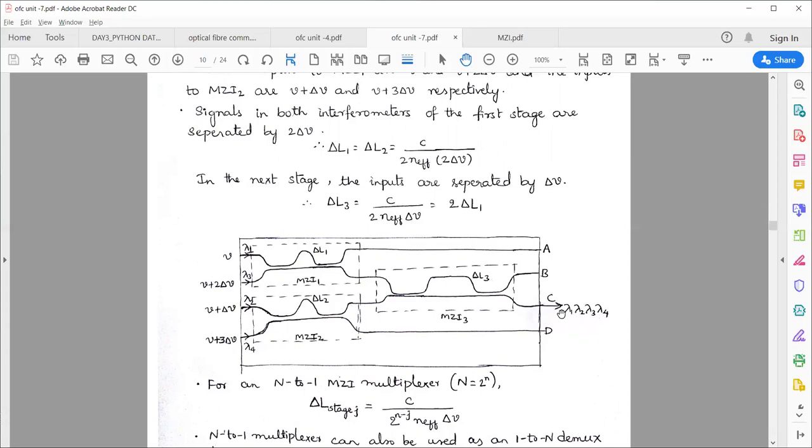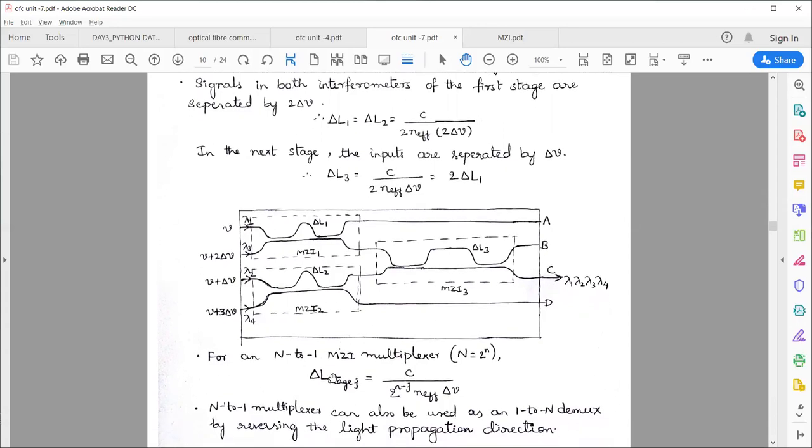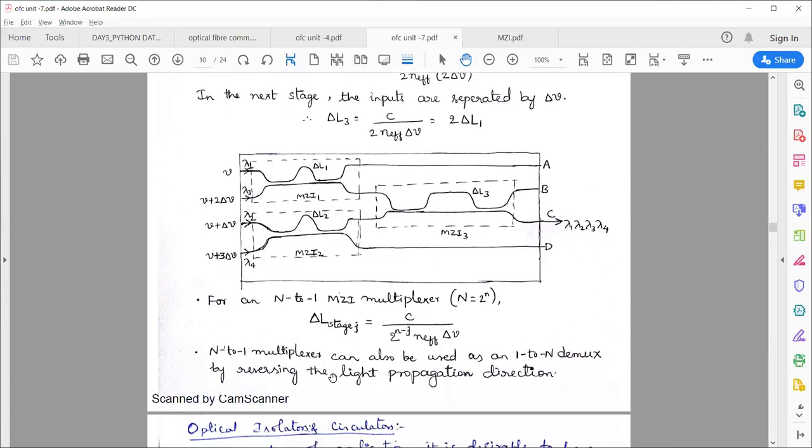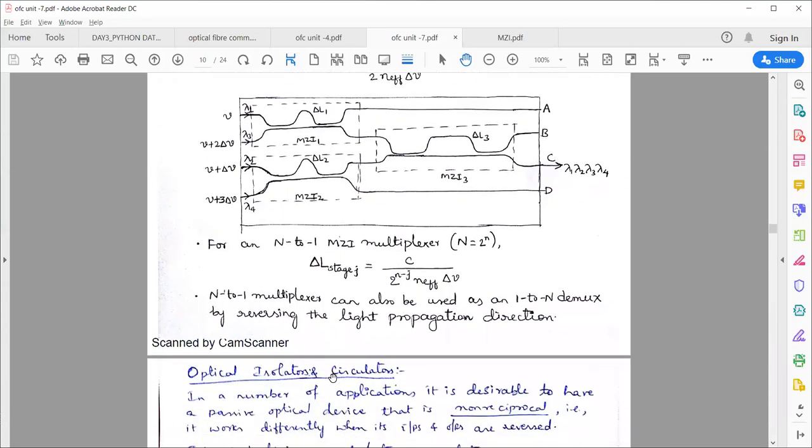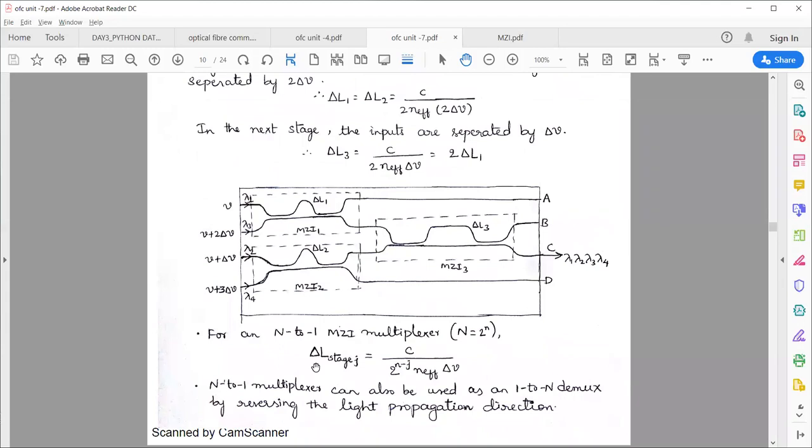You can see here, from a 2:1 or 2x2 MZI, we can construct a 4x4 MZI, and we can generalize this by using this expression. We got delta L is equal to c divided by 2 n effective delta v.